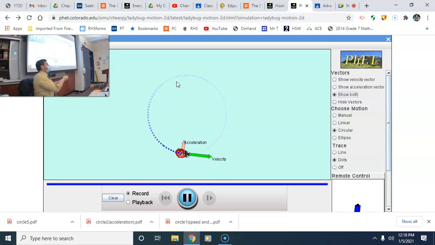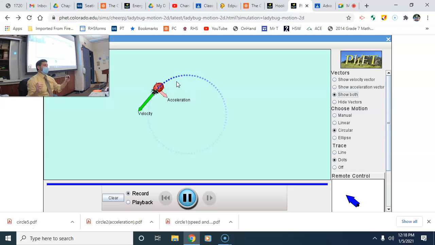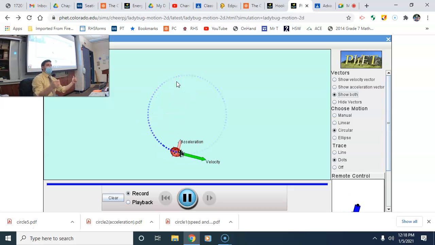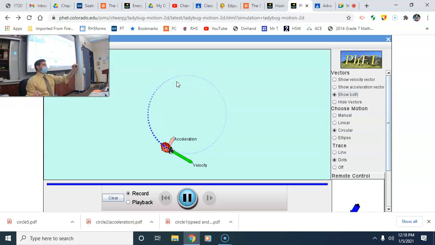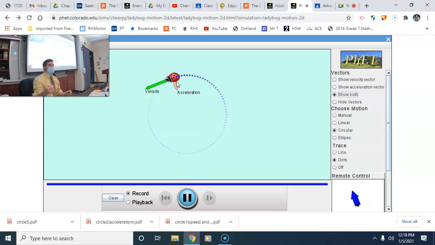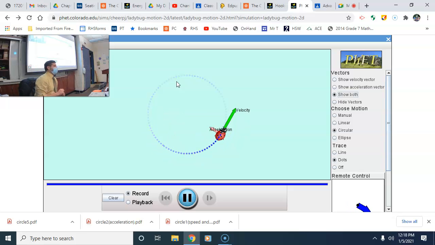That's because the faster it goes, the more inertial effects it has, and the more it wants to fly off. Theoretically, even though this rubber stopper doesn't weigh a lot, if I could hook this up to some kind of machine that could spin it faster than my hand can, it could probably put enough tension on this to break the string, because the faster it goes, the more it wants to fly off.